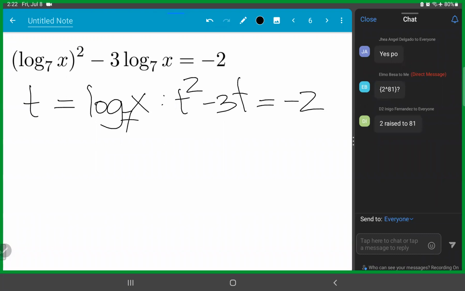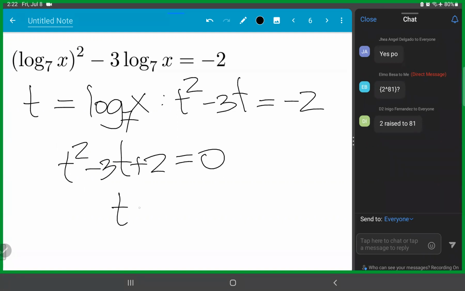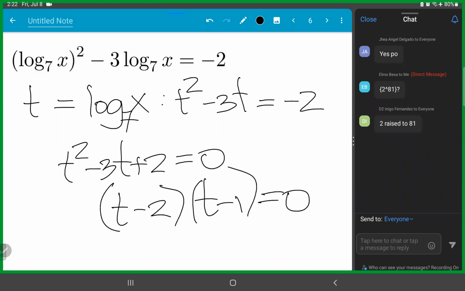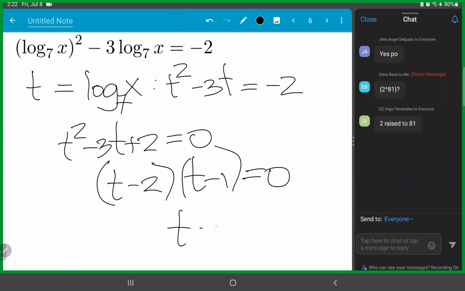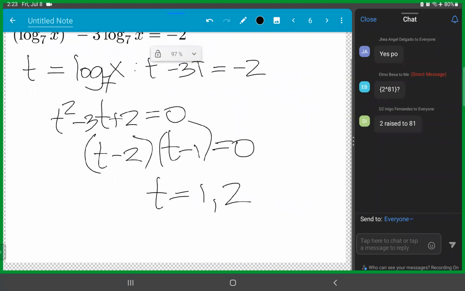And again, it's just a quadratic, so just spend time solving, and then you're almost done after that. Now, don't forget, you have only solved for t, you have to revert. So solve for x.